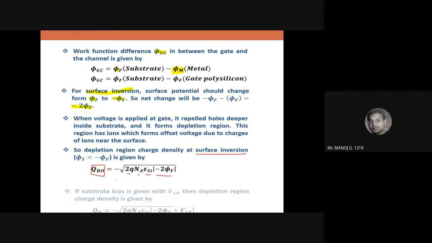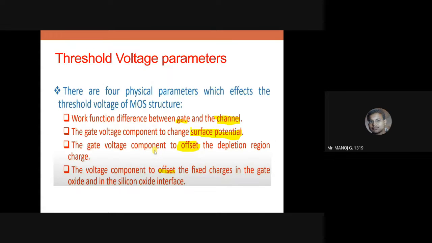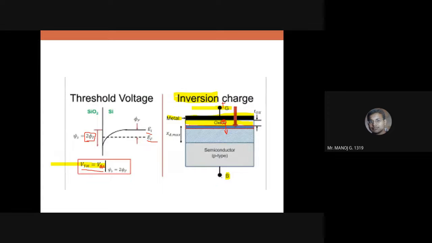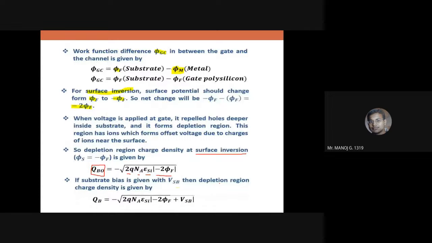Now this is without the bulk voltage, which means I don't apply the bulk voltage. If I don't consider the bulk, the expression is what we have studied now. When you consider the bulk, you are applying a voltage across substrate and bulk, so there is another extra voltage added to the expression, that is plus VBS.